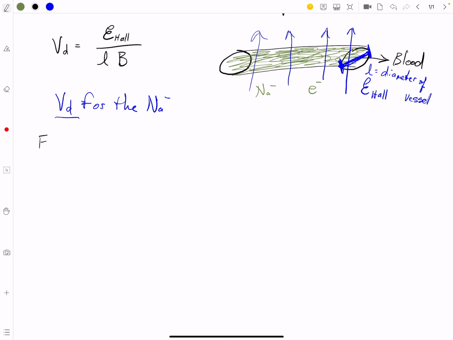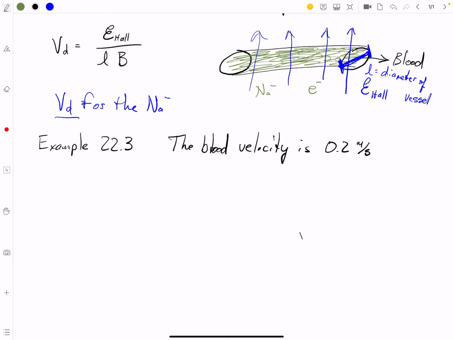This is example 22.3. And I'm not altering this one at all, okay? We know that the blood velocity is 0.2 meters per second. Okay, that's our drift velocity.